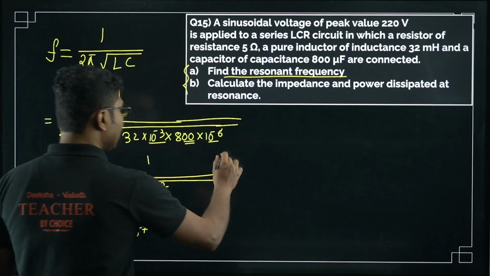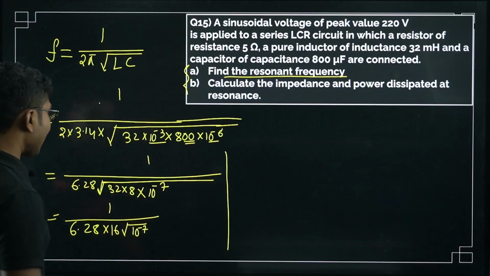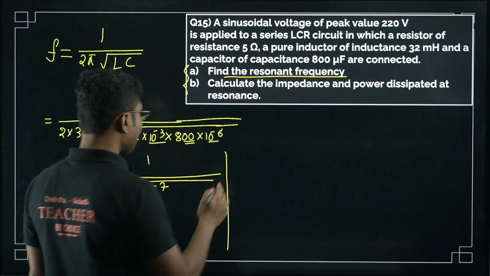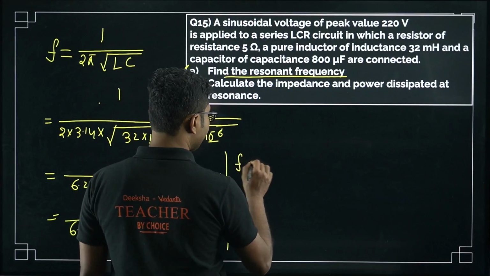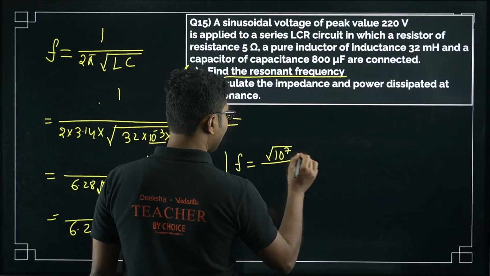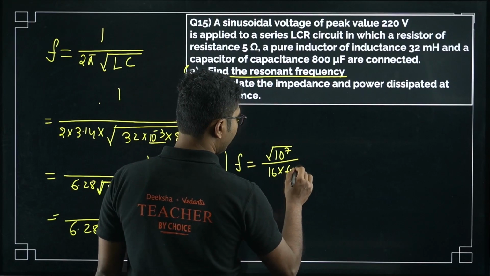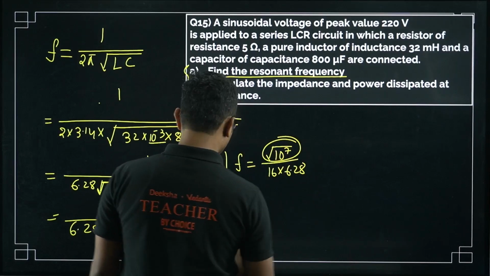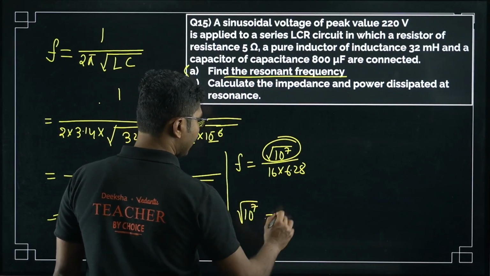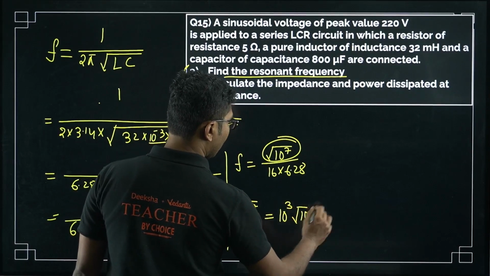You can use the calculator, and you don't need to do it like this. You can take this 10 to the power of minus 7 in the upward part, so the resonance frequency is square root of 10 to the power of 7 divided by 16 into 6.28. Now 10 to the power of 7 is not an even power, so it can be written as 10 to the power of 3 into square root of 10.